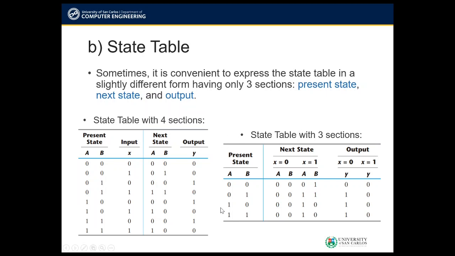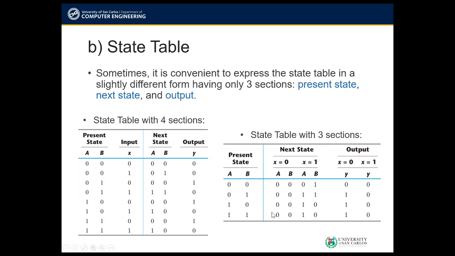So we just put the present state on the left side, and on the right side, we incorporate the values of our inputs, 0 and 1 in this case, and we have two columns for our next state, a total of 4 because we have two flip-flops, and we divide this one into x is 0 and x is 1. So basically, it's the same information within, but we have different representation. So one form may be preferable to the other, and this depends on the application.